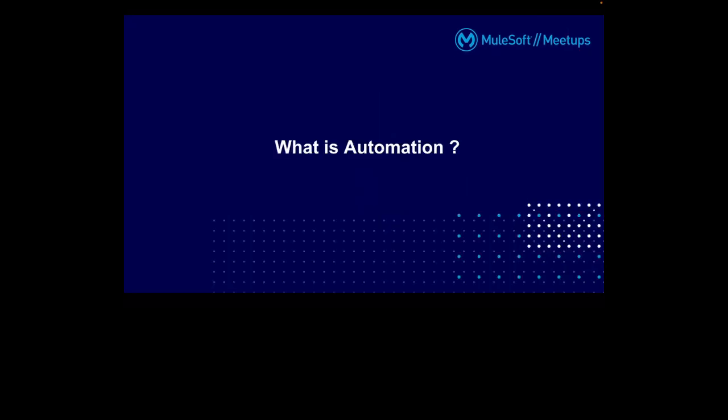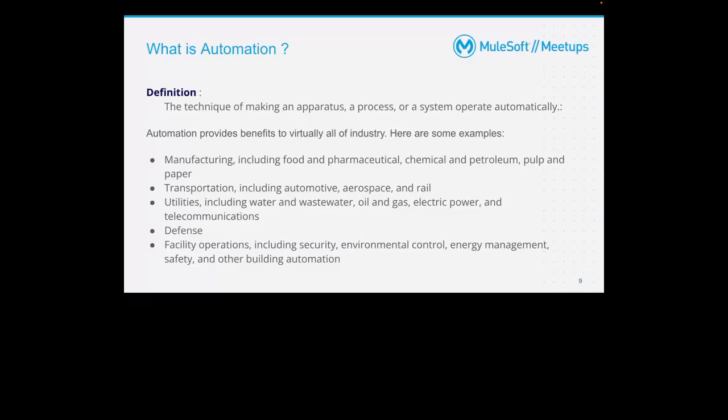Before starting with MuleSoft automation, let's understand what automation actually means. The standard definition of automation is the technique of making an apparatus, a process, or a system operate automatically.